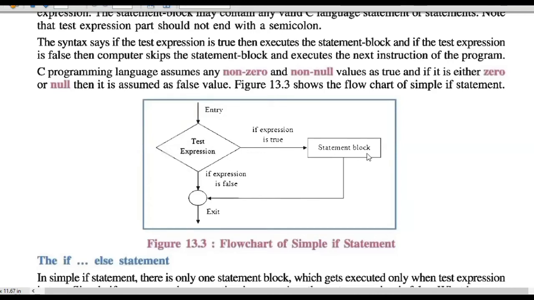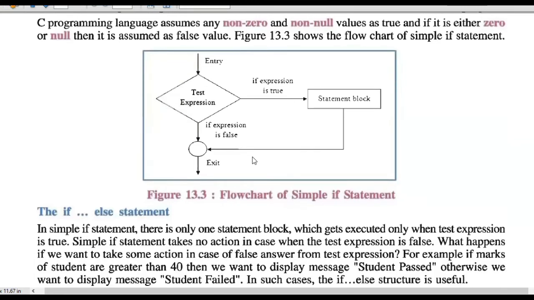If it is true, then we have used the statement block, that was congratulations, have a nice time. If it is false, then this is exit. Even if it is true, then after giving this output, exit. If it is false, then direct exit. That means we are not supposed to get this statement block. Okay, so this is the simple if flowchart.